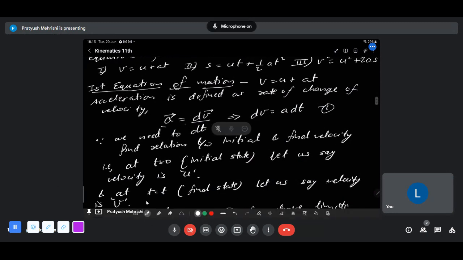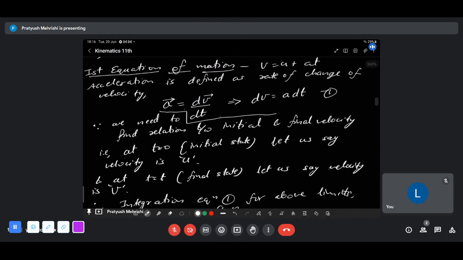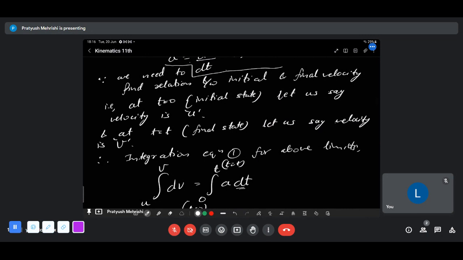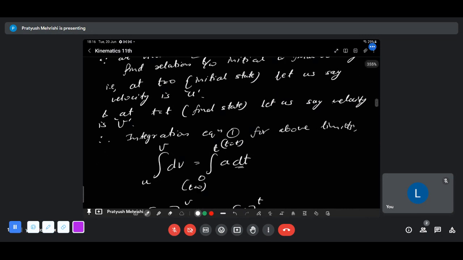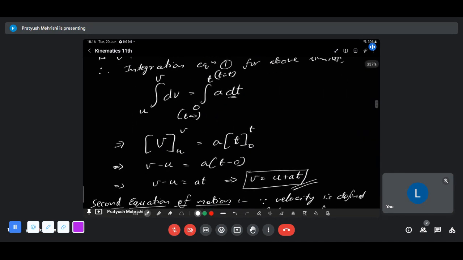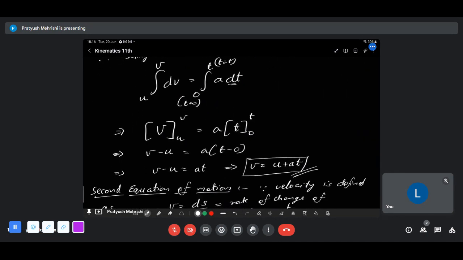Since we need to find the relation between initial and final velocity, we take initial velocity at t equal to 0 to be u, and final velocity at some t equal to t be v. Integrating for the required limits, from initial velocity to final velocity, we get upper limit minus lower limit. Integration of dv is v. Put the upper limit, then subtract the lower limit. v minus u equals at.